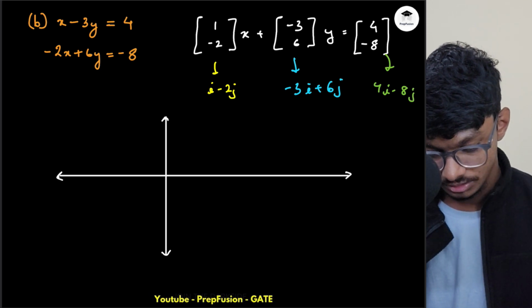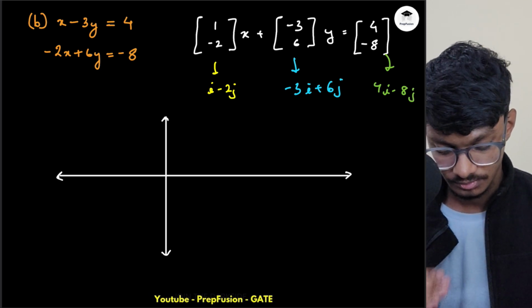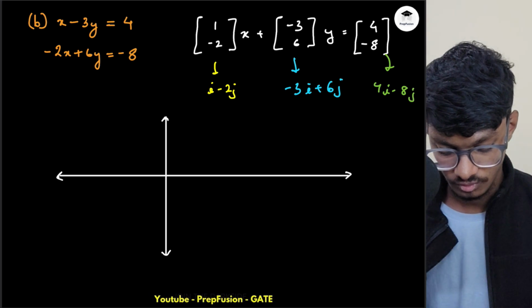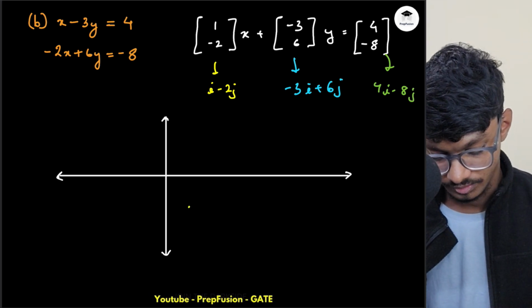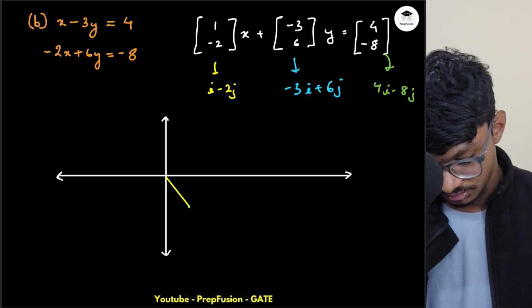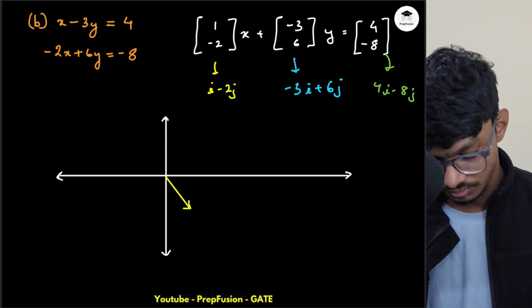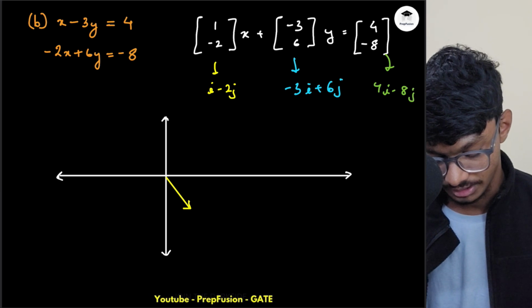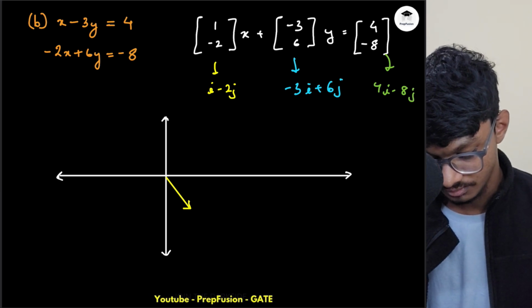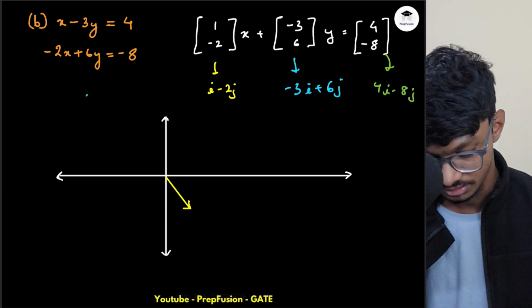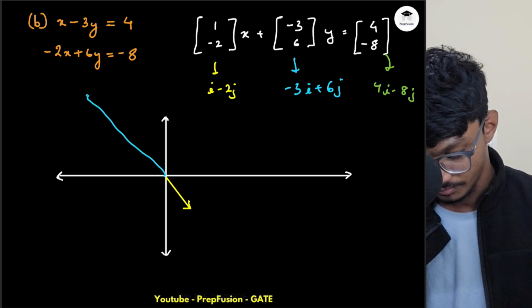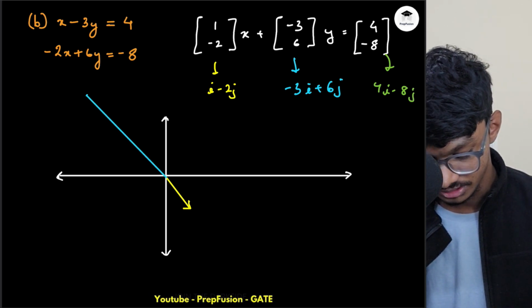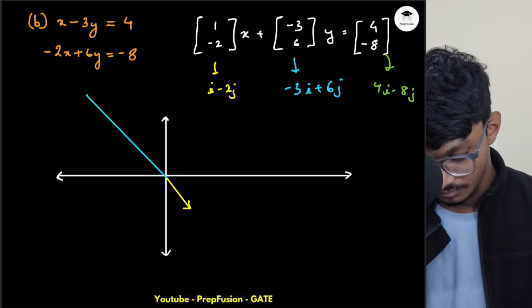So i minus 2j: one in the positive x direction, then negative 2 in the y direction. So this will be somewhere around here. Then minus 3i plus 6j: negative 3 in the x direction, then positive 6 in the y direction. If you draw this perfectly, what you will see is these two are completely opposite of each other.